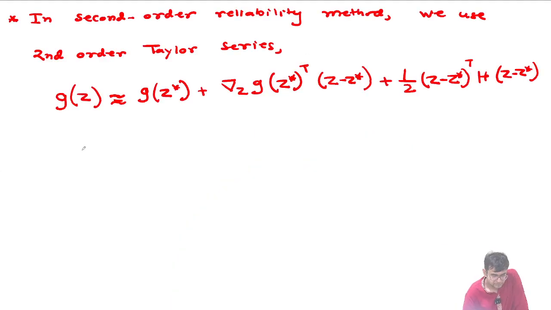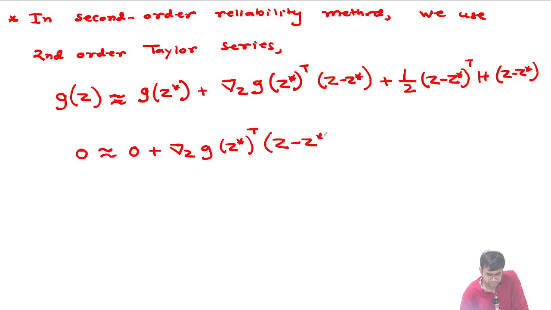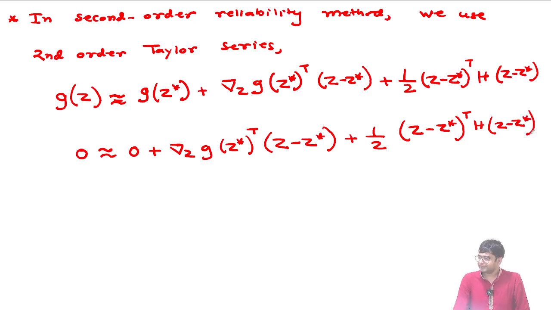And if both are on the limit state, that will give me 0 approximately equal to 0 plus grad of G at Z star transpose (Z minus Z star) plus half (Z minus Z star) transpose H (Z minus Z star). Then what did you do yesterday? What was the next step that we did? We said that we want to simplify it.